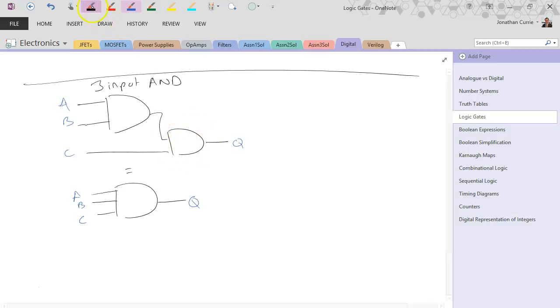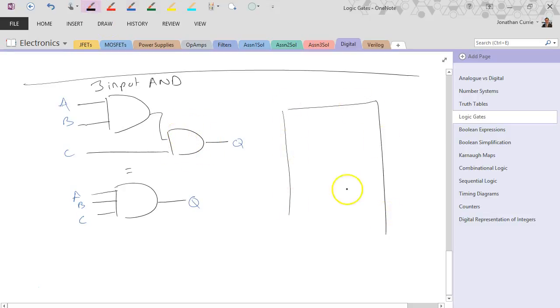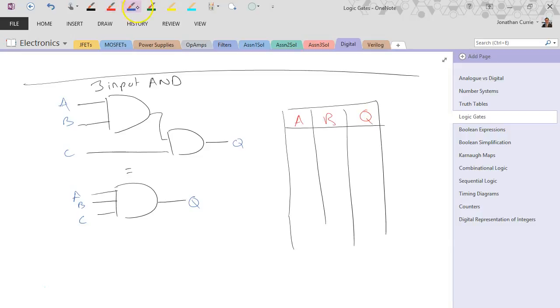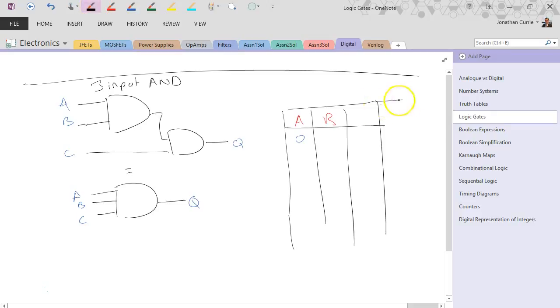A and B, you can work out the truth table for this, then work out the truth table for that, or chuck it all into one big truth table with the corresponding correct number of rows and columns.